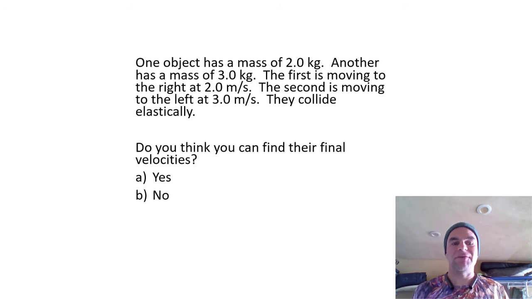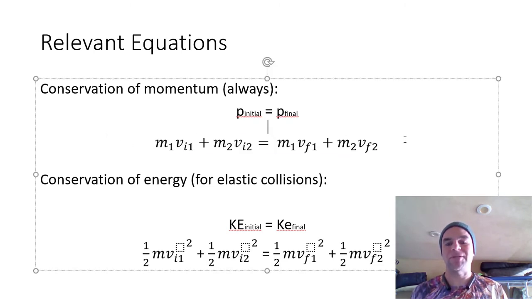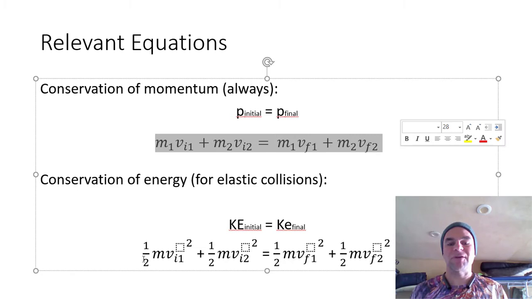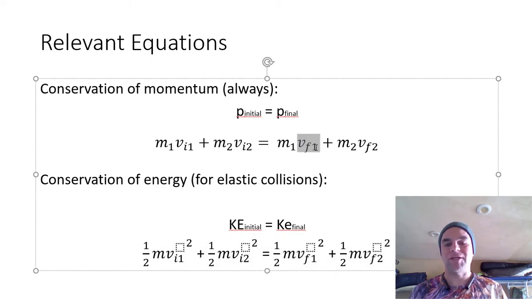I have a derivation on a different slide that will go through that, but what that's going to show you is you have to take the equations for the conservation of momentum, which are these, and the equations for the conservation of kinetic energy, which are these, and put those together to determine what the final velocity of object 1 and object 2 is going to be.